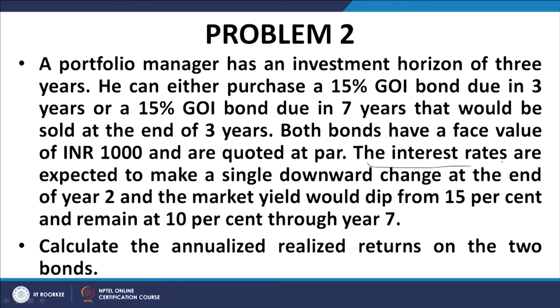So, the coupons that they would receive at the end of the first year, second year and third year would be the same in terms of value. They would each be equal to 150. So, the issue now comes down to which of the two bonds will command a higher price on the date of exiting the investment at the end of the holding period.